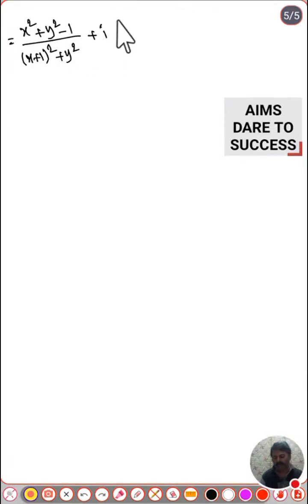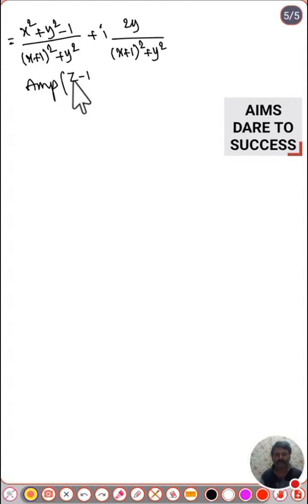Next, plus i into the imaginary value 2y divided by (x plus 1) whole square plus y square. Okay, according to the given value, the amplitude of (z minus 1) by (z plus 1) is equal to pi by 4.